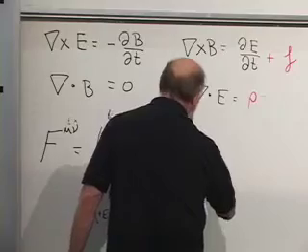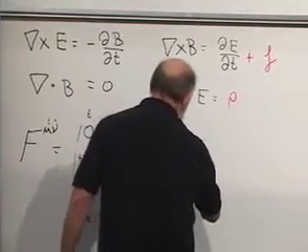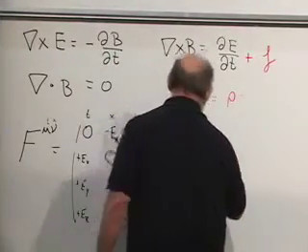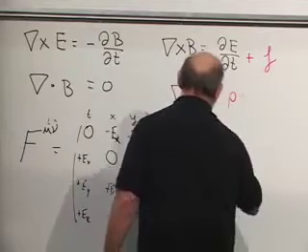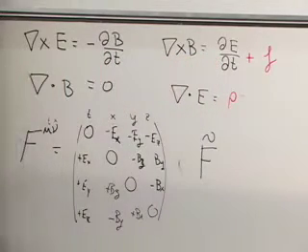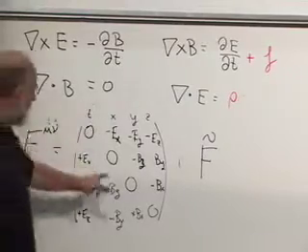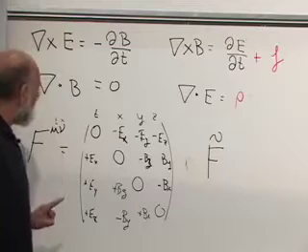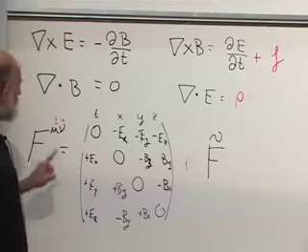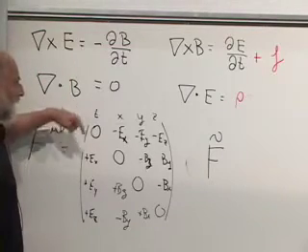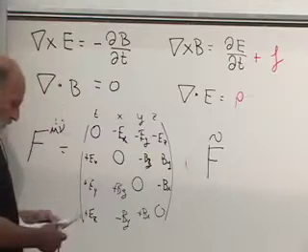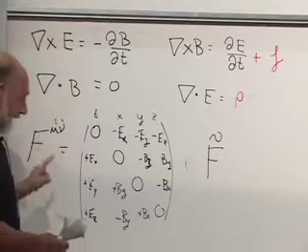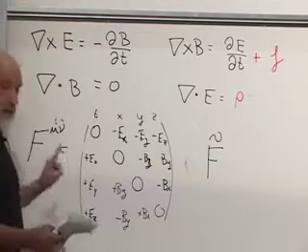It's usually called F with a little twiddle on top of it. It's the same object except with electric and magnetic fields interchanged, but not quite. You change electric to magnetic, but magnetic to minus electric.